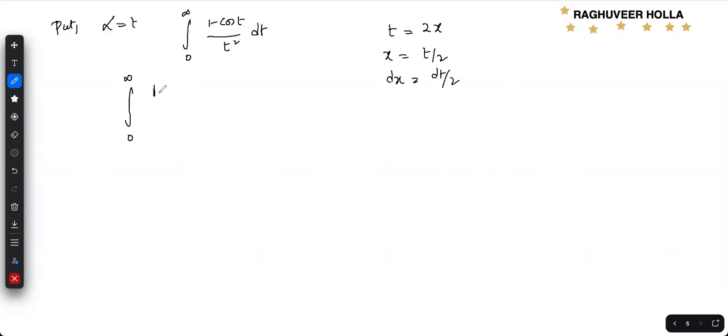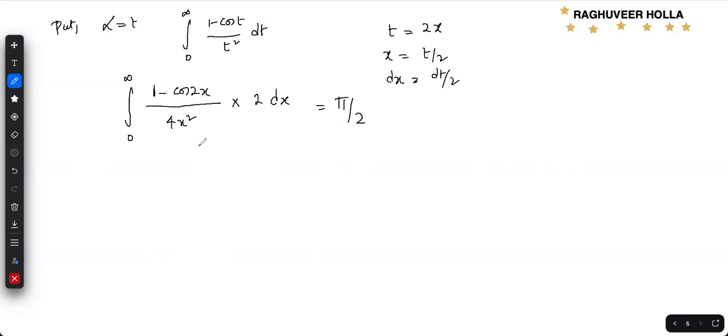So it is (1 minus cos 2x) divided by t square, which is 4x square, into dt, which is 2 dx, which is equal to pi by 2.